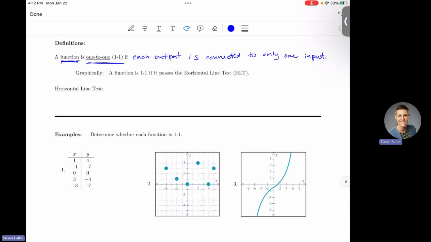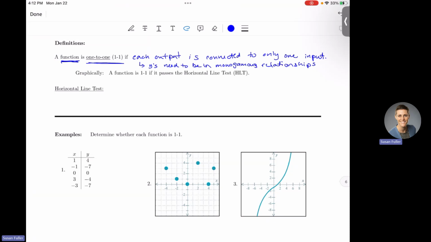Basically, what this means is that your y's need to be in committed monogamous relationships. It's the same as a function, only now we're looking at y's instead of x's. So to be one-to-one, your y's cannot be cheating. A function means your x's can't be cheating. One-to-one means your y's can't be cheating.